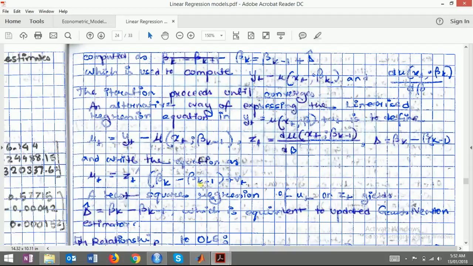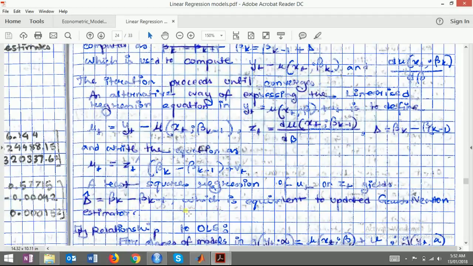A least squares regression of ut on zt yields delta hat, as we already know, which is the equivalent updated Gauss-Newton estimate. So this is establishing the relationship of zt with ut in nonlinear least squares regression.